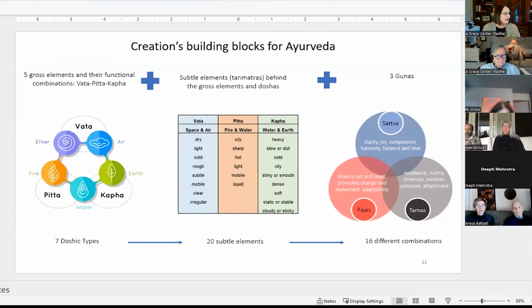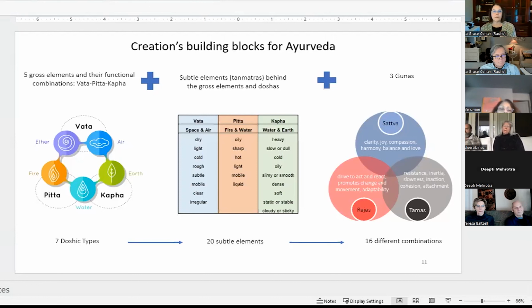If we look now at the building blocks for Ayurveda, which are taken from the language and symbols for creation, what we said is at the outermost realm, at the gross realm, there are 5 gross elements and their functional combinations, Vata, Pitta, and Kapha. And out of Vata, Pitta, and Kapha, there are 7 different combinations, if you will, 7 doshic types that you see at the bottom there.